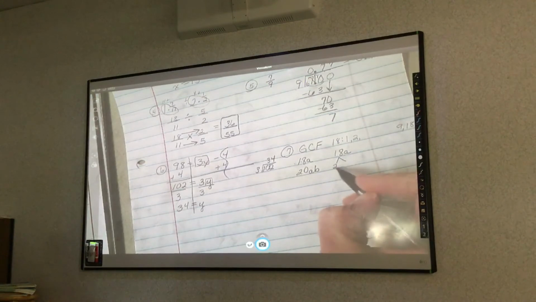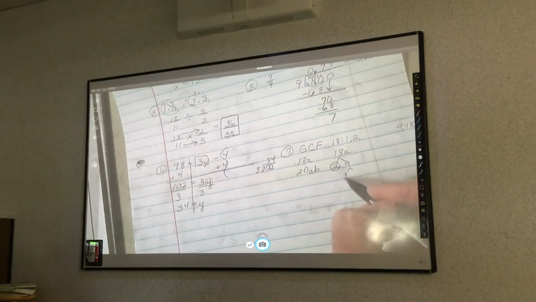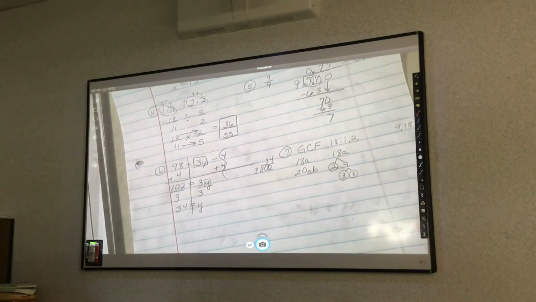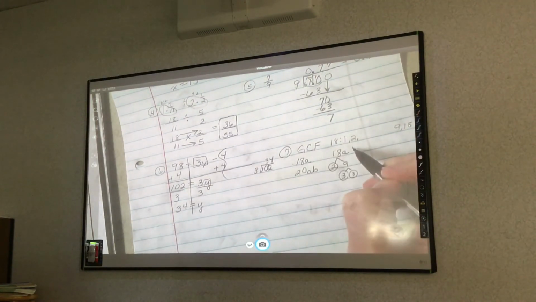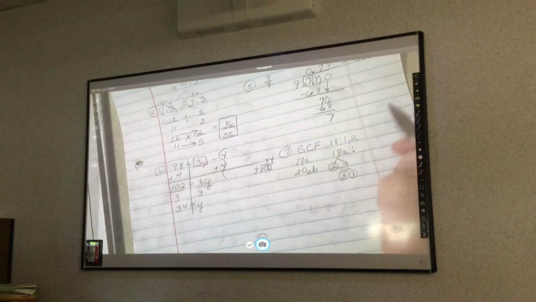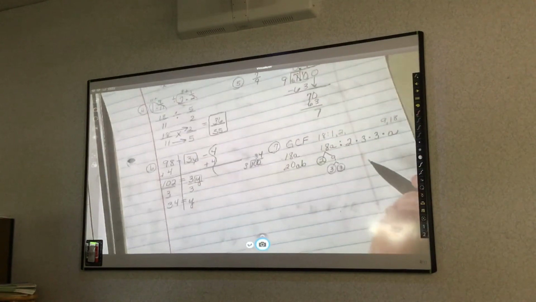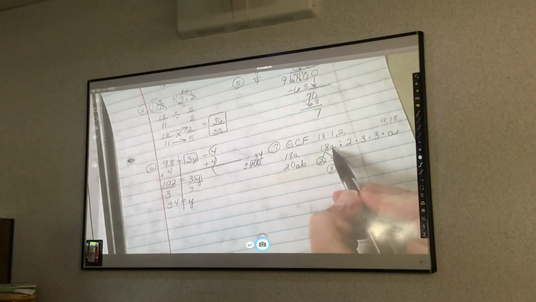So 2 times 9, 2 is prime, and then 3 times 3, which is 9. So the prime factorization of 18A would be 2 times 3 times 3 times A, because there's the A with it.